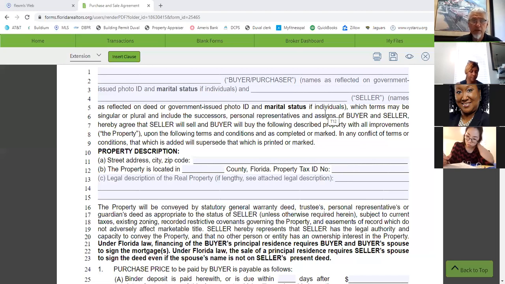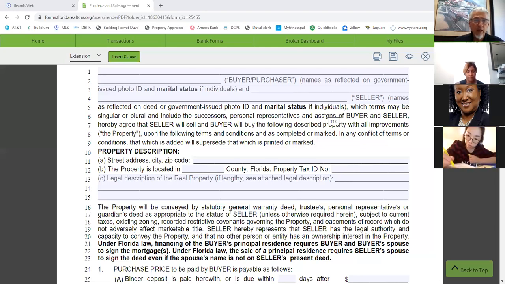If you write an addendum to this contract, it supersedes what's in the contract. And that includes things like the HOA disclosure or CDD. If you're writing something in a CDD that contradicts something in the contract, that writing is going to take precedence over what's originally printed in the contract. Any questions about up through line 9?